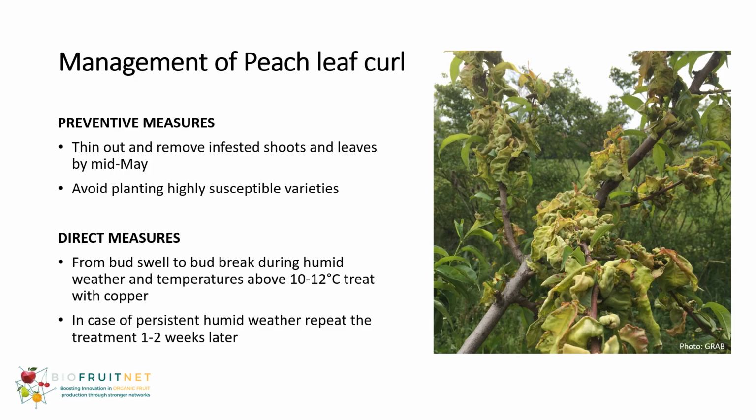A second spray 1 to 2 weeks later, before green leaf tips are first visible as flower buds begin to swell, is recommended in cases of persistent humid weather. Sprays with proper orchard hygiene, such as removing infested shoots and leaves, help to reduce infestation.